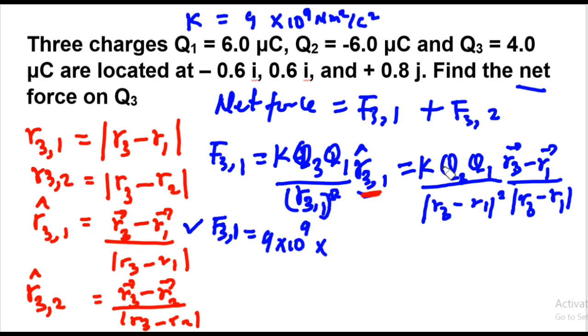Q3 is given as 4 microcoulomb, so 4 times 10 raised to the power minus 6, times Q1, which is 6 times 10 raised to the power minus 6, upon the magnitude of this squared. So to get the magnitude squared, we shall have something like this. Let me clean this since we have taken note of this.